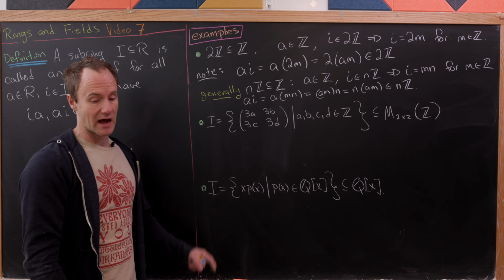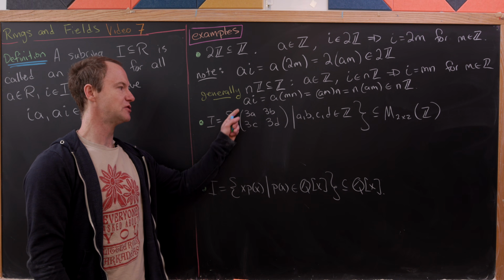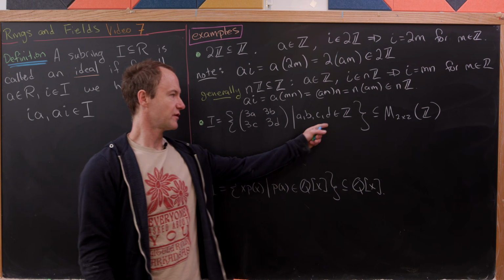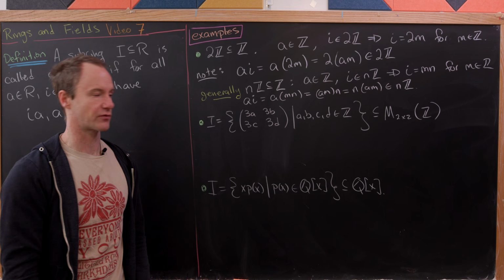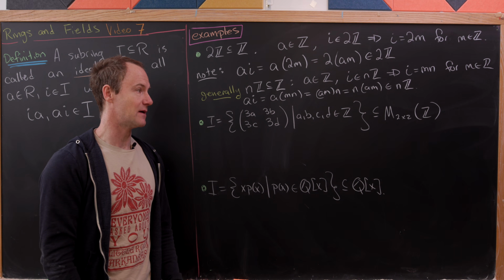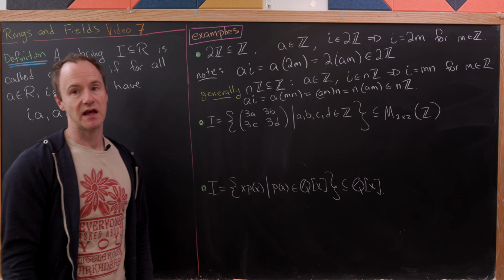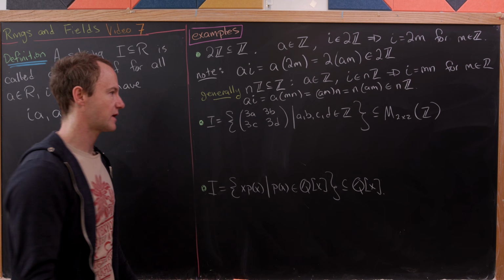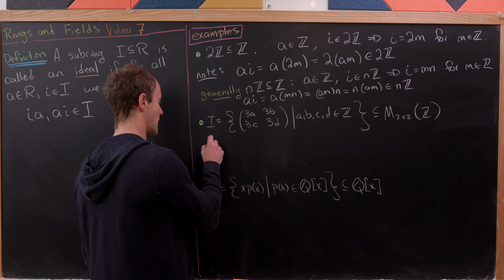Okay, so now let's look at this ideal, which is the ideal of 2 by 2 matrices, where not only do you have integer coefficients, but all of the coefficients are multiples of 3. And we're going to show that that is an ideal of M2x2(Z). So that's going to be the ring of 2 by 2 matrices where the integers are the entries. Okay, so I think this is pretty straightforward as well.